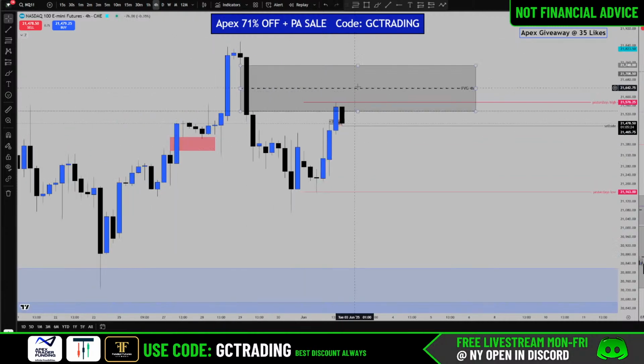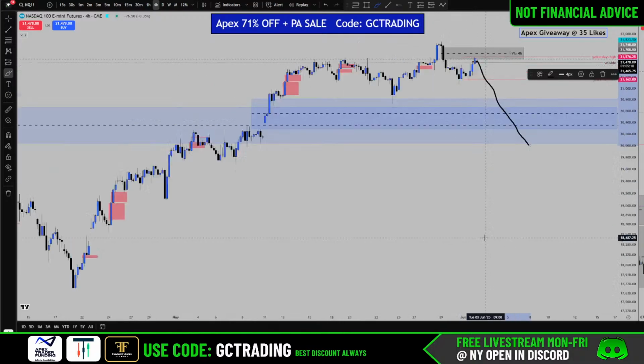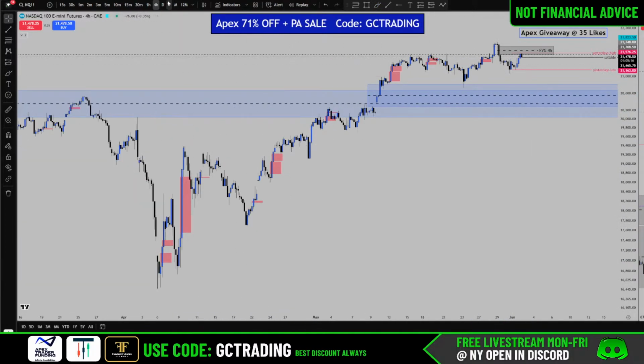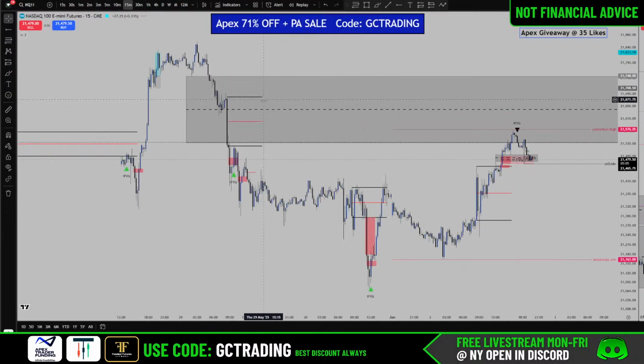We are tapping into this 4 hour gap, which is also a BPR, so maybe we slam down through that. What's monthly low? Let's go draw monthly low. It's yesterday's low. I can see that happening, taking out yesterday's low.